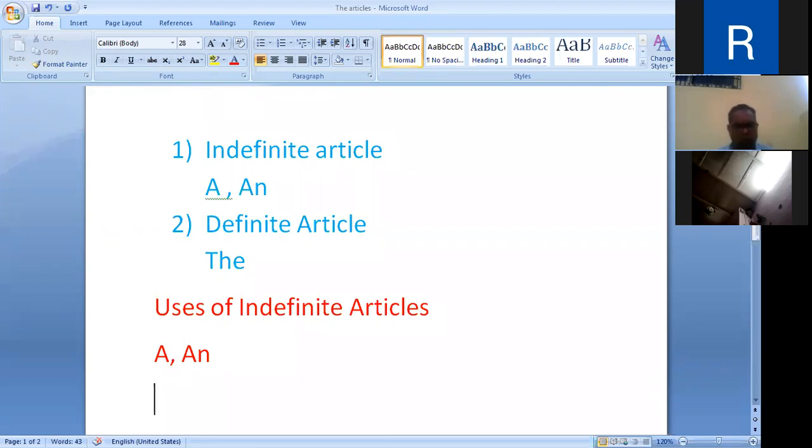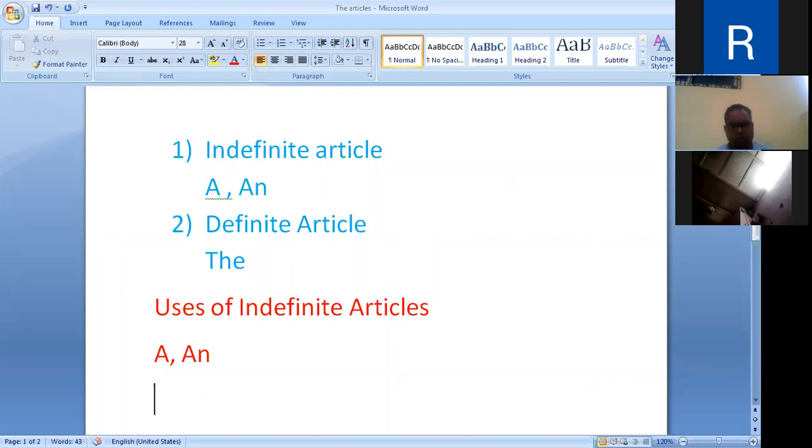Vowel sounds: A, E, I, O, U. These are the vowels, and the rest of the alphabet are consonants: B, C, D, F, G, H, K, L, M, N, P, Q, R, S, T, V, W, X, Y, Z.